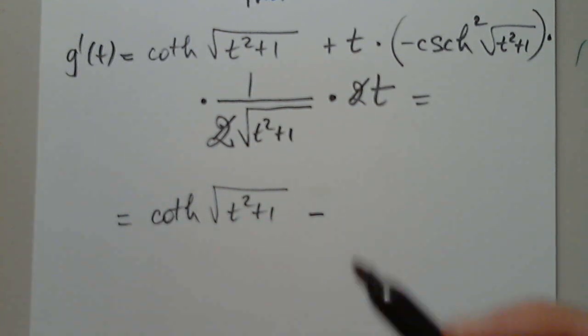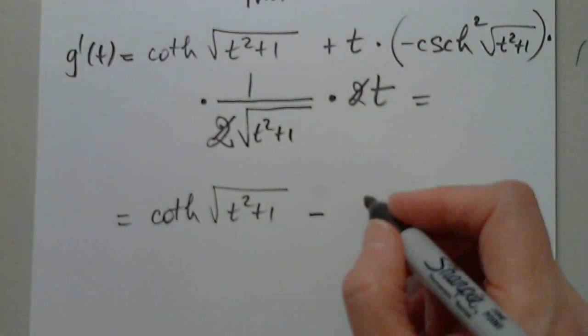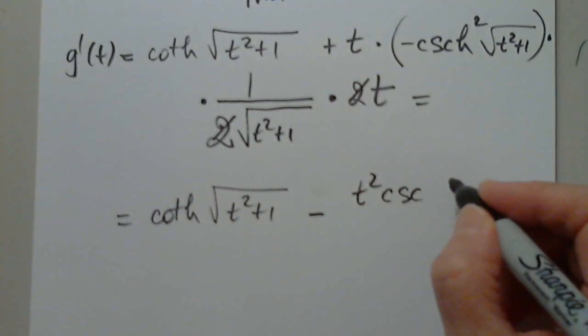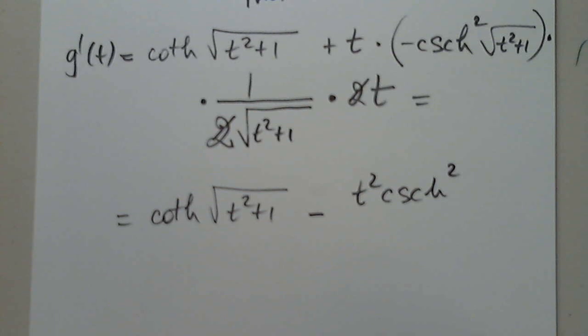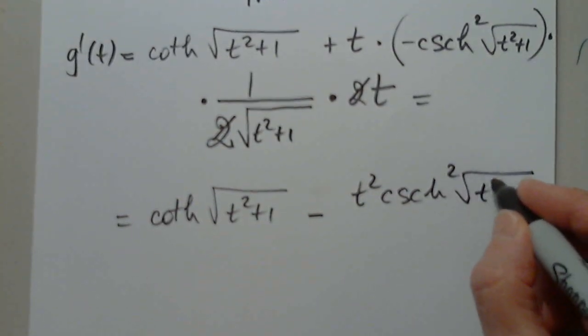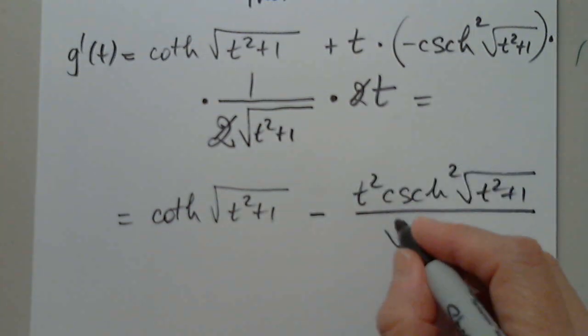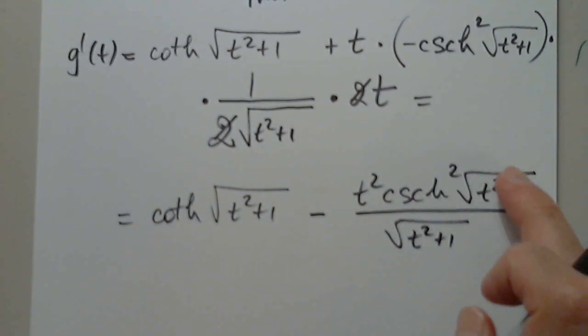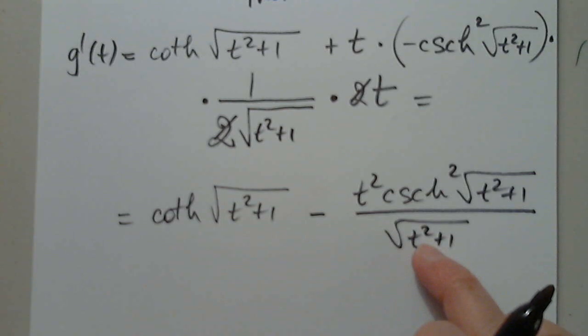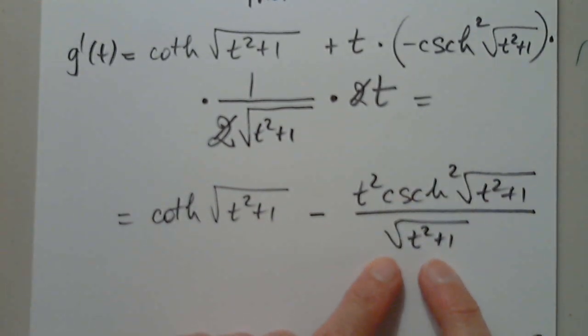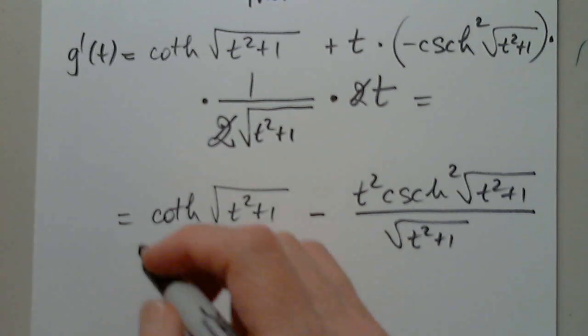So minus t squared hyperbolic cosecant squared of the square root of t squared plus 1, over the square root of t squared plus 1. Do not attempt to simplify these two. This is the argument of this function. It has nothing to do with something outside. So this is it.